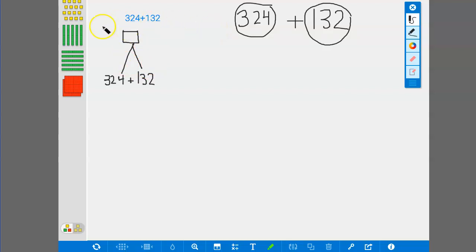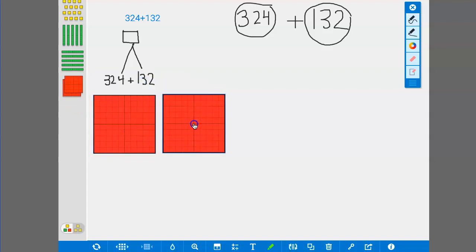So now I'm going to go ahead and use my base 10 blocks to decompose 324 and 132. And then using my number bond, I'm going to put them together. So watch, let's go ahead and decompose 324. First I'm going to take 100, 200, 300.